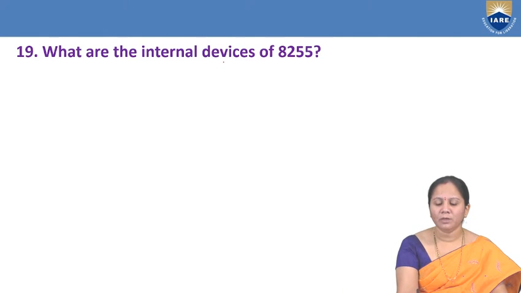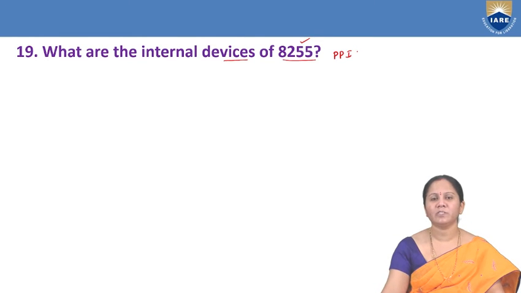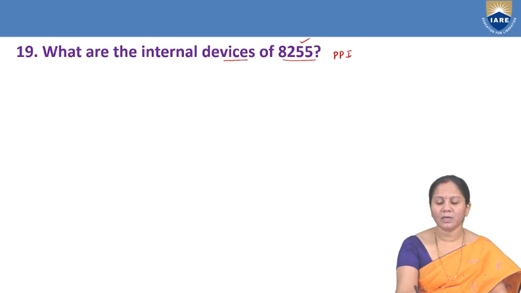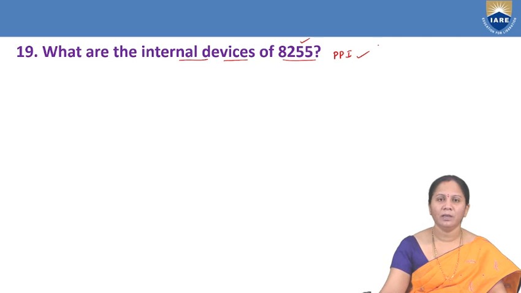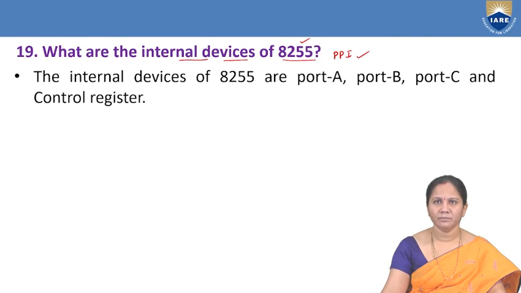Now, what are the internal devices of 8255? Here the 8255 IC is a PPI, which stands for Programmable Peripheral Interface. They are asking about the internal blocks available in the architecture of 8255 PPI.